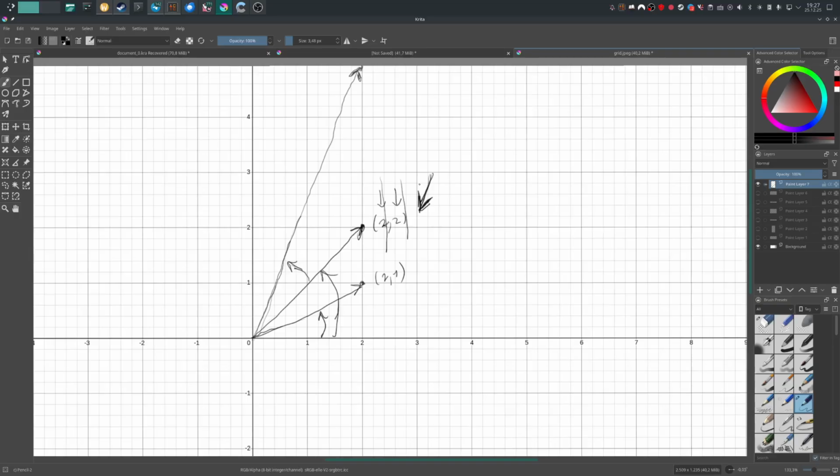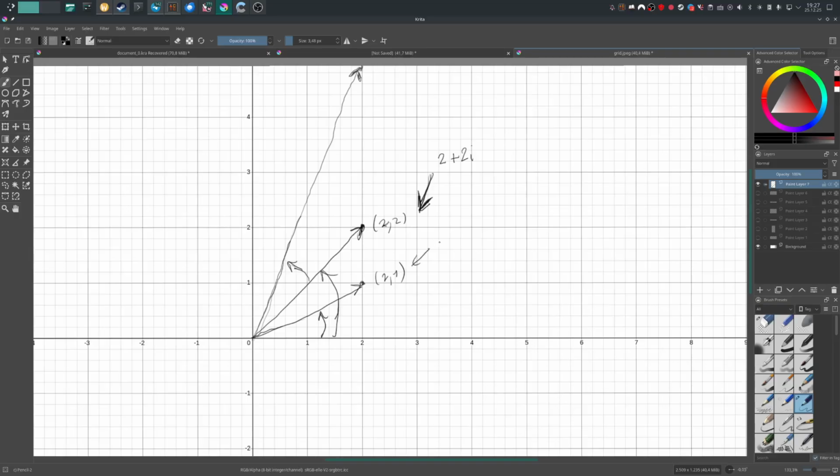But the notation that is used nowadays is quite different. It makes it a bit confusing because that same point here, let's keep the arrow, is called 2 plus 2i.